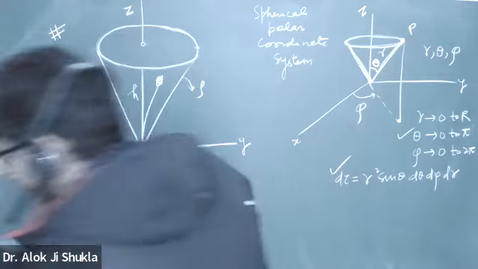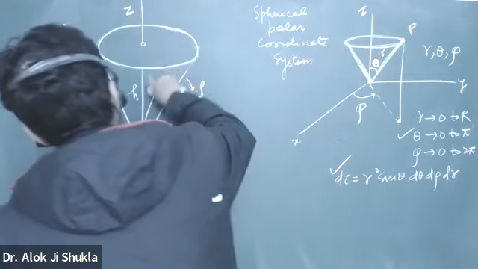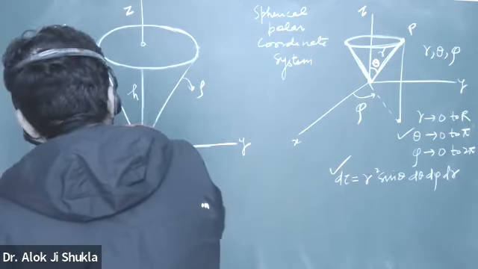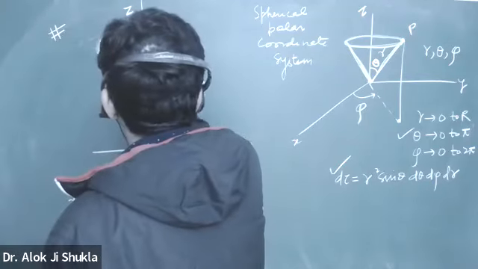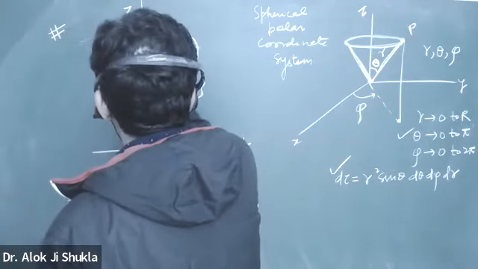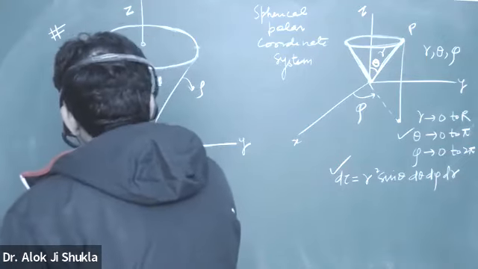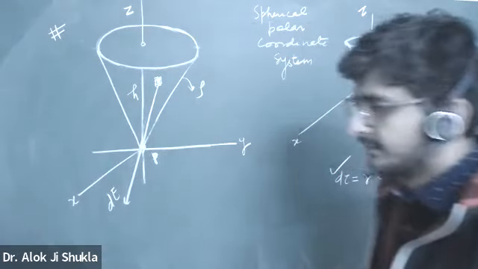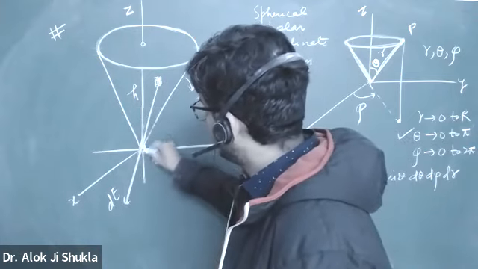थोड़ा सा अच्छे से बनाना होगा. This small charge will create electric field this side. This electric field is dE. Please understand this. And similarly, all charges will create electric field this side.